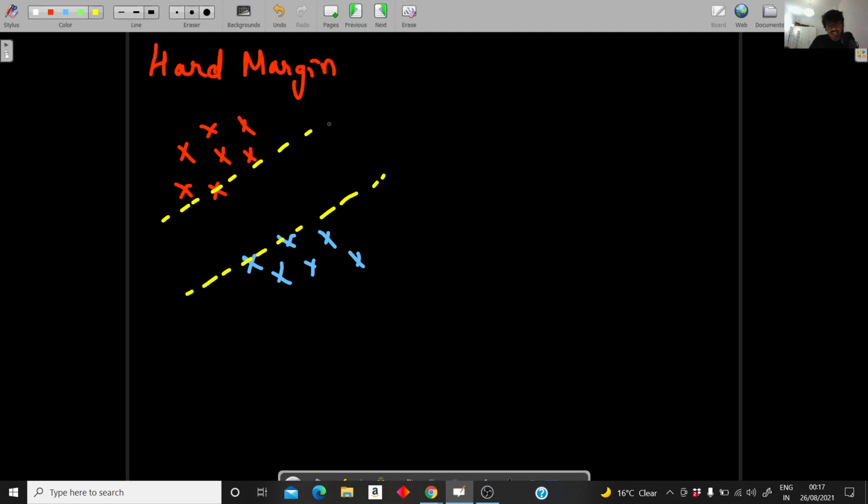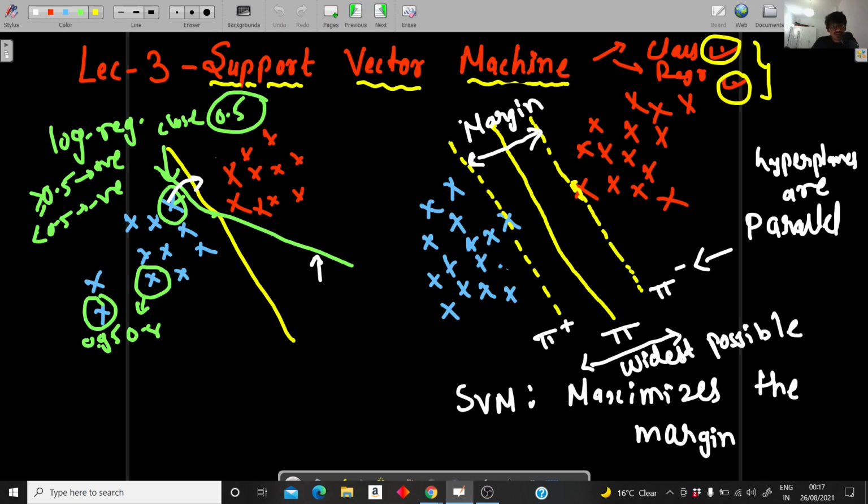Now you can see that, maybe I forgot here, this pi plus and pi minus pass through the data points. You can see it is passing through this negative data point, and here it is passing through this positive data point.